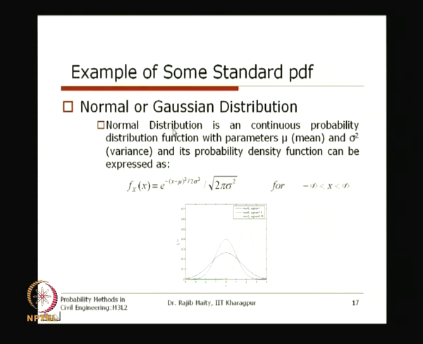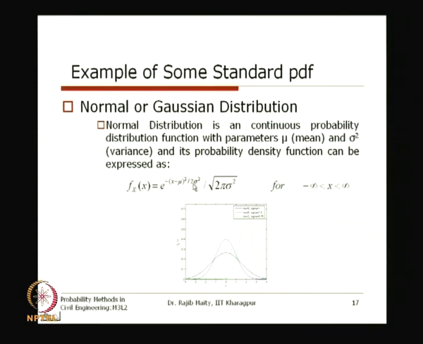This normal distribution is a continuous probability distribution with parameters mu and sigma square. Sigma square is known as the variance, and its probability density function, the PDF, is expressed as 1 by square root of 2 pi sigma square multiplied by exponential of minus (x minus mu) whole square divided by 2 sigma square.